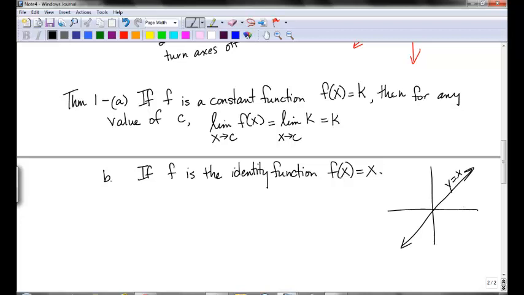So you already know this is a polynomial for any value of c. The limit of f of x as x approaches c, and the degree is one less than the original polynomial p of x.